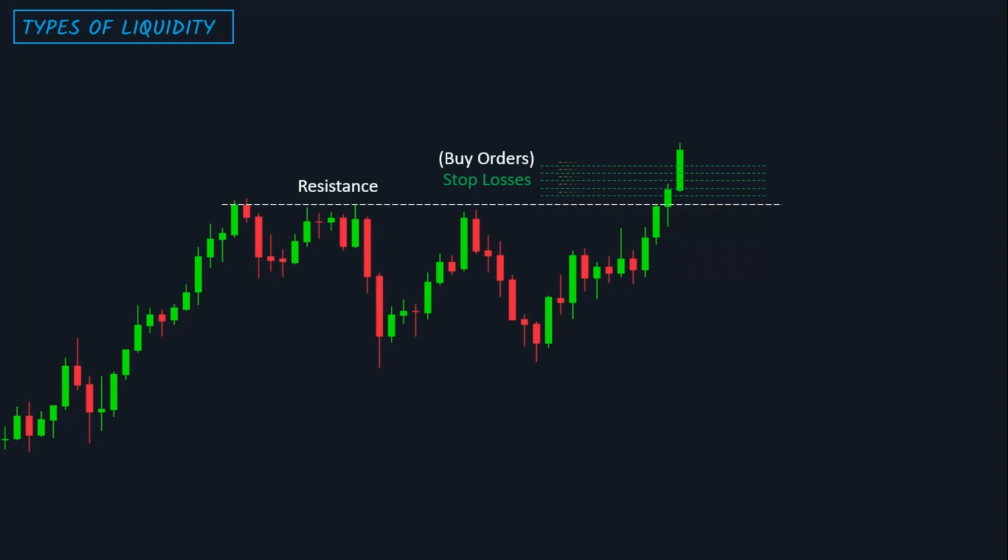Also buy stop orders placed by breakout traders who expect price to continue rising above resistance. All of these orders, stop losses from sellers and buy stops from breakout traders, cluster above major swing highs, creating a pool of buy orders. This entire zone forms the buy-side liquidity.